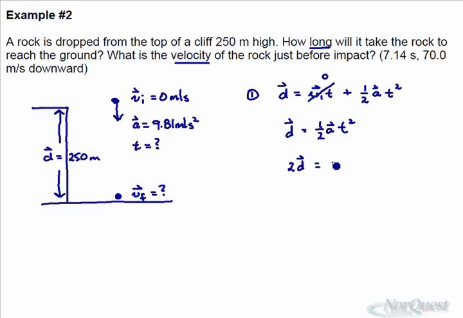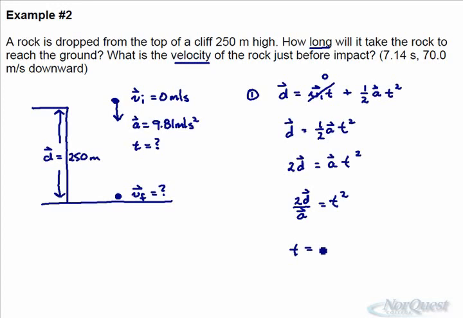I'll show you this in a couple steps, and then we'll start to simplify these faster. Equals a t squared, divided by the acceleration, equal to t squared. And then to solve for t, we take the square root of that whole thing.